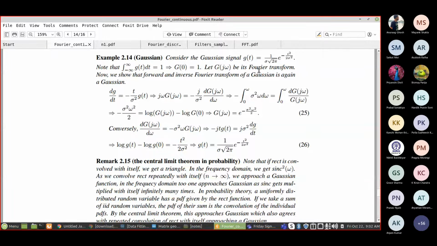We showed that if g(t) is Gaussian, then capital G of j omega is also a Gaussian. So let's figure out the reverse direction. If we start with this, we want to show that the inverse Fourier transform of this function is a Gaussian function.